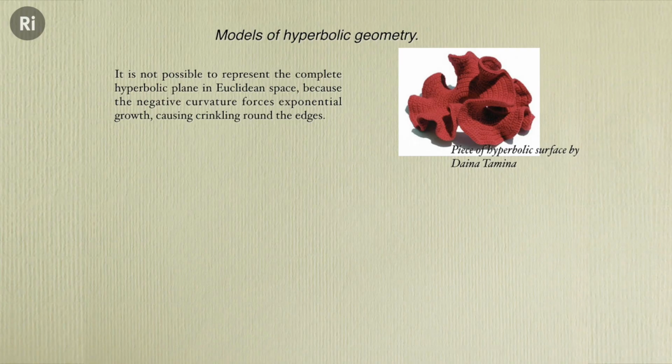So this is one of a rather nice series of crochet models that's been developed by Daina Taimina. There's, in fact, a whole book you can buy about making crochet models of geometry. There's a whole project which has made a coral reef out of crochet, which I think is in Dublin, I'm not quite sure.